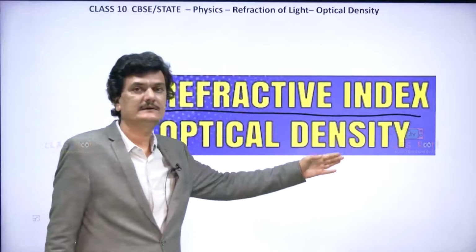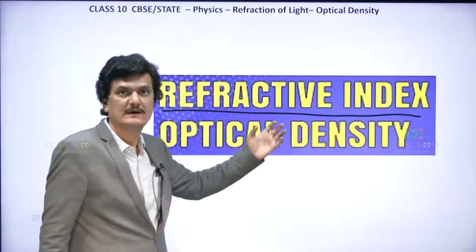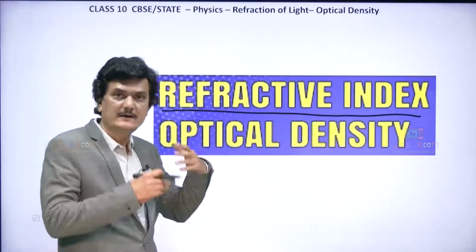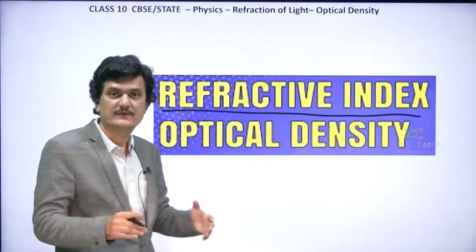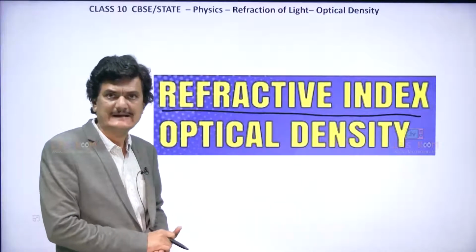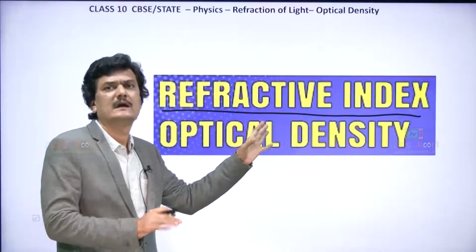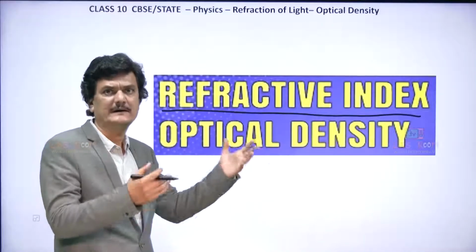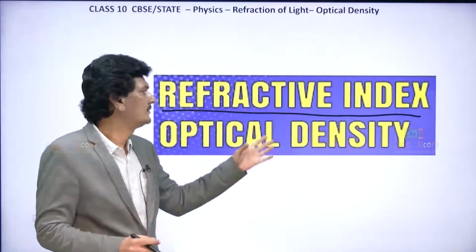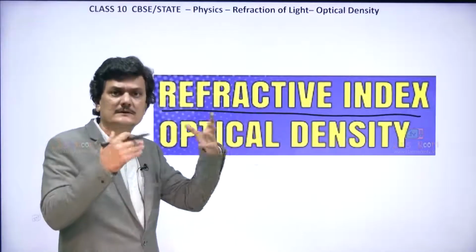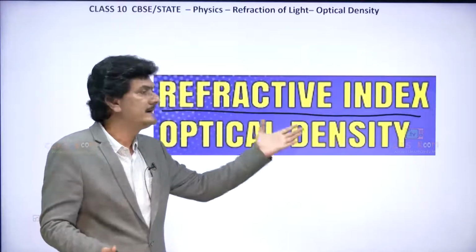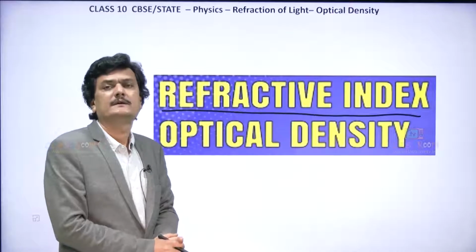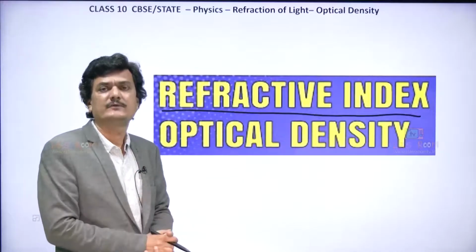It consists of the term refractive, which suggests refraction, the ability to refract. It is common English, like refraction. If refraction is a noun, then refractive is an adjective. So, refractive means the ability to refract, and index means indication. What is the ability to refract, by how much refraction?